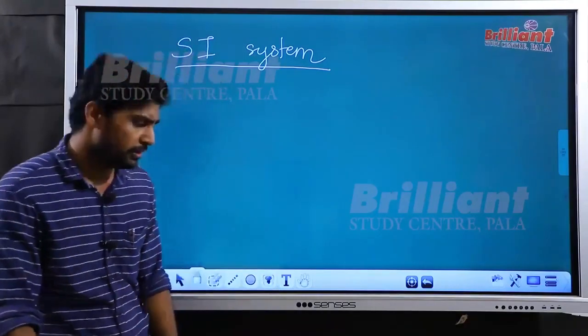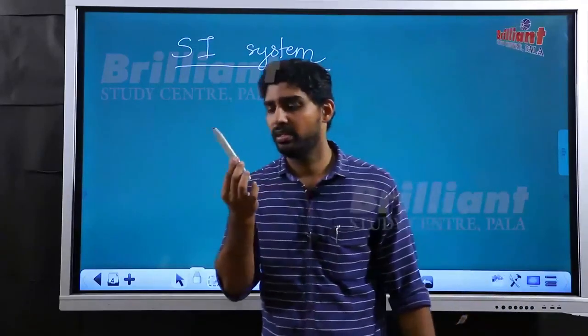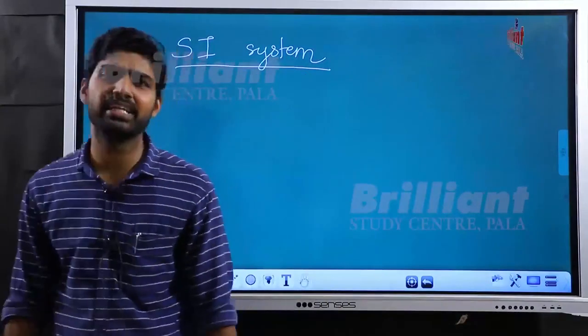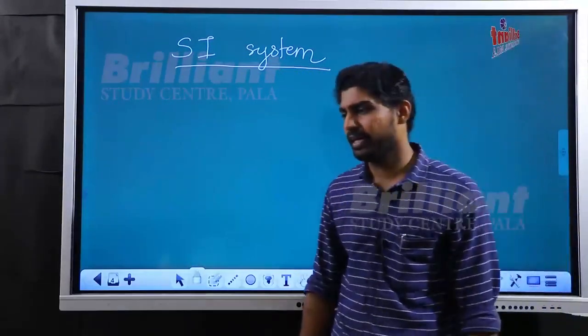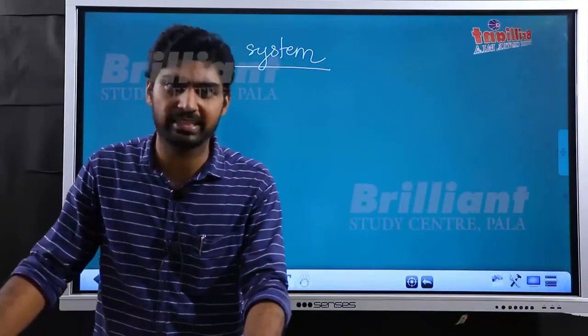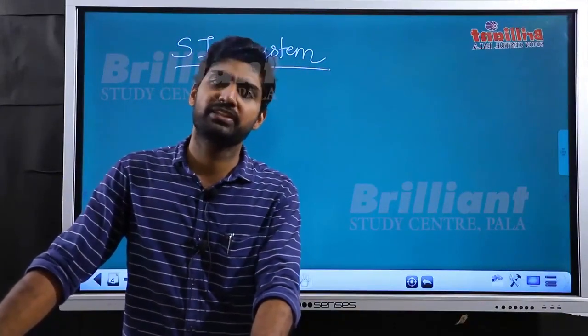For example, to measure the length of this pen, I will not use meters. I'll measure this in centimeters only, because that is convenient. Science and units are basically for convenience while learning science, so depending on our convenience, we can choose different units.